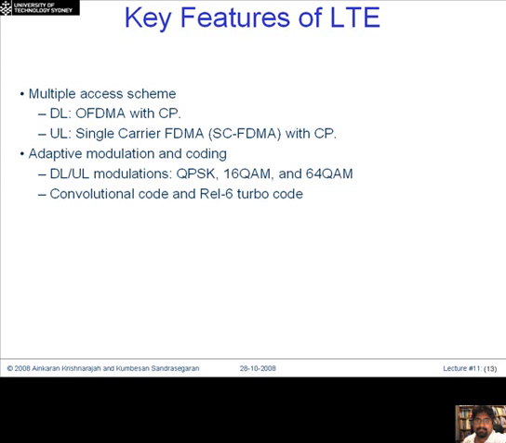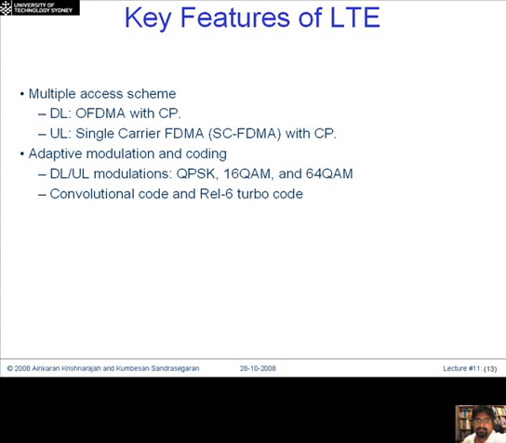Another feature of LTE is the fact that it uses link adaptation. In link adaptation, what you're doing is changing the modulation scheme and the error coding scheme to match the condition of the transmission link between the mobile and the network.